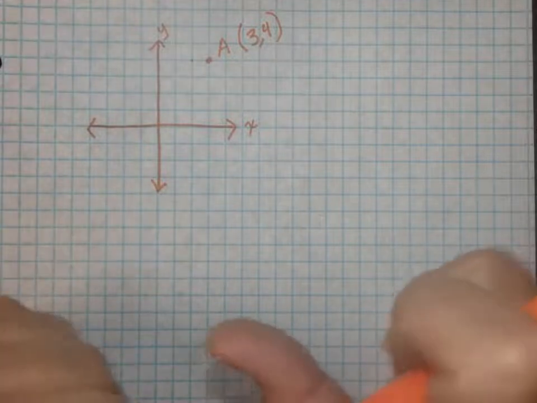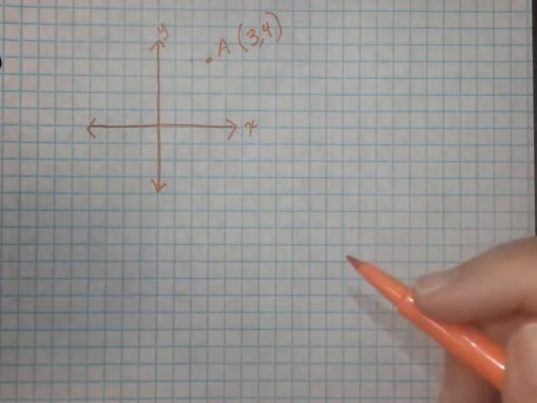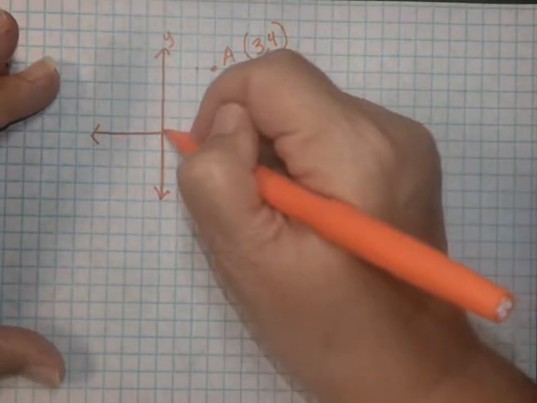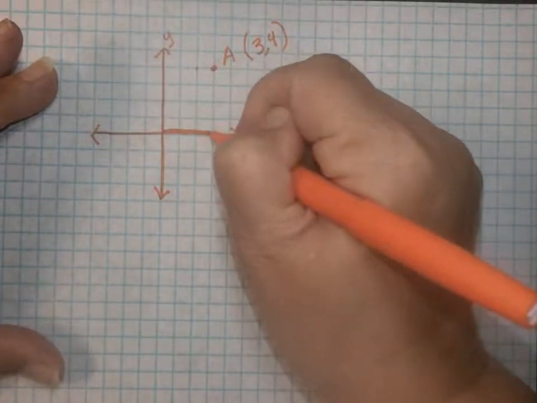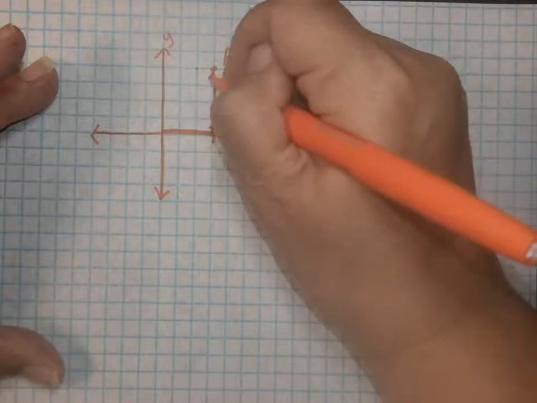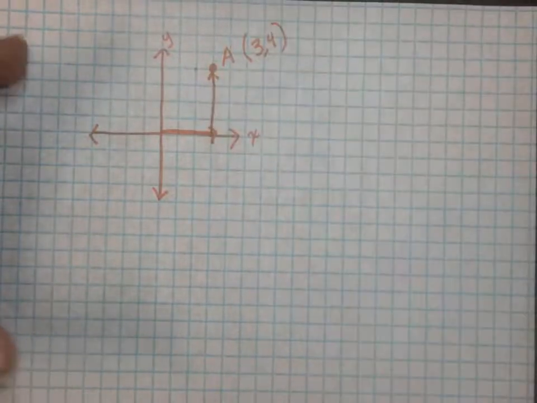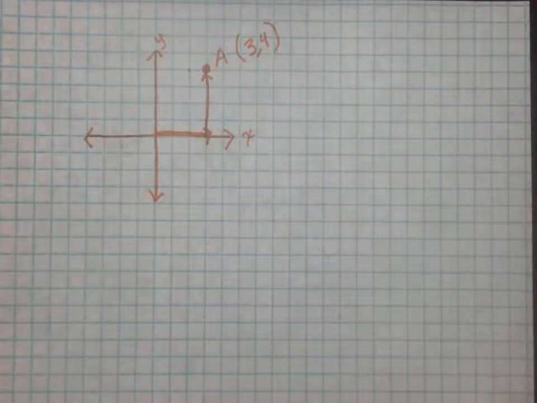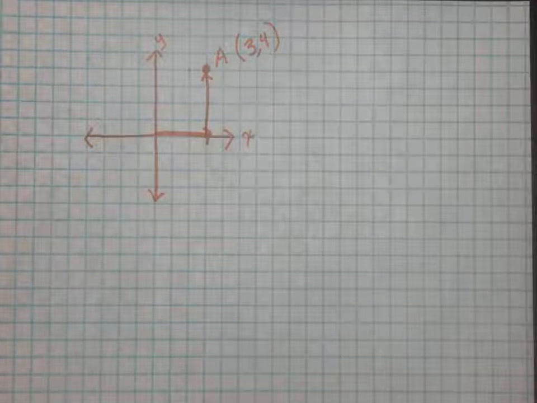And so we know from our vast experience in graphing on the Cartesian coordinate plane that this means to go to the right 3 and then up 4, and this is the spot we want to be at. Right? So it's a way of communicating location.